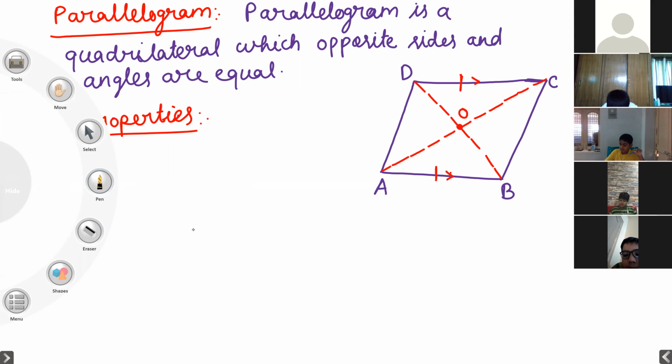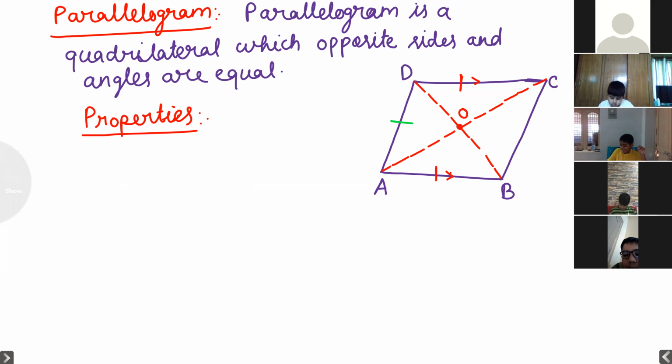Draw this figure very neat and clean. Draw it like I am drawing. Don't do any other experiments.